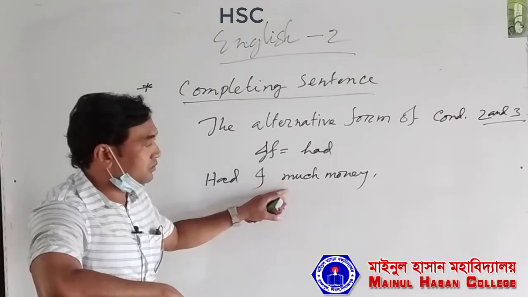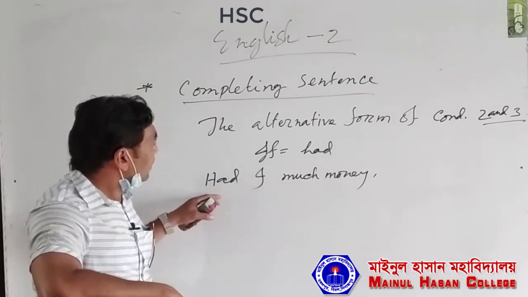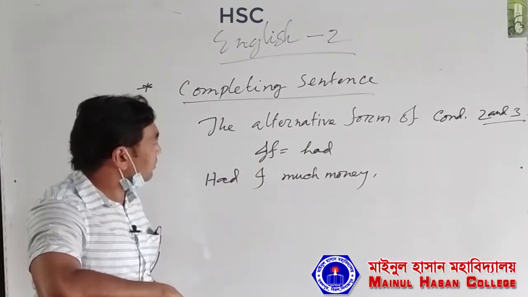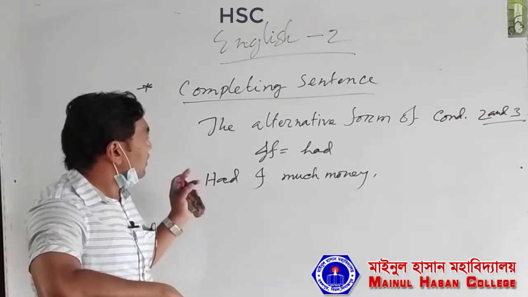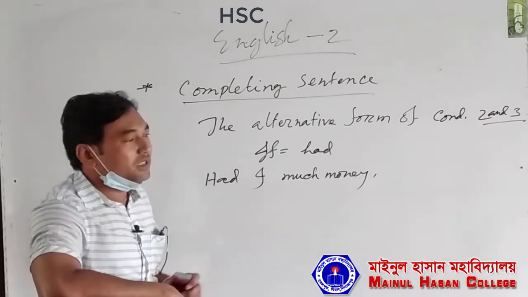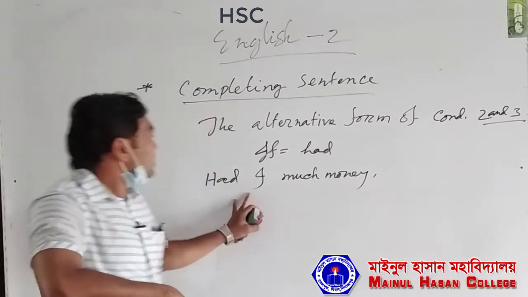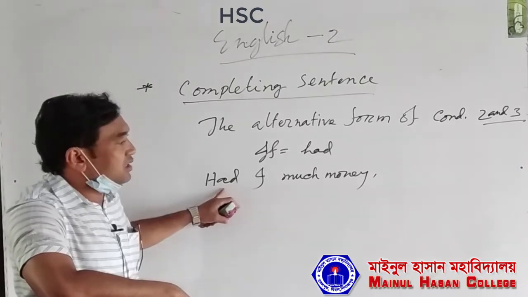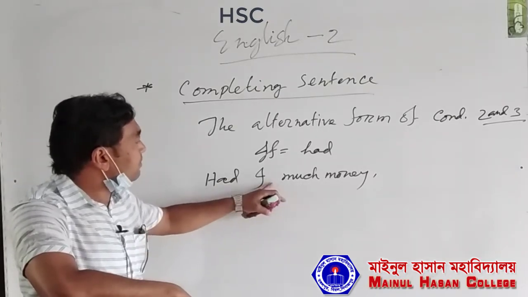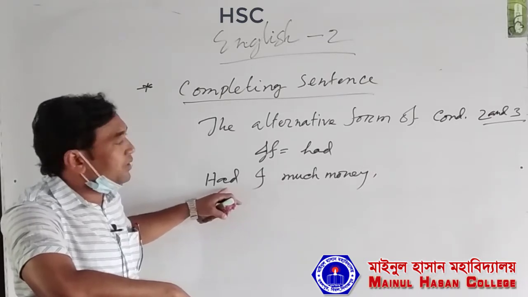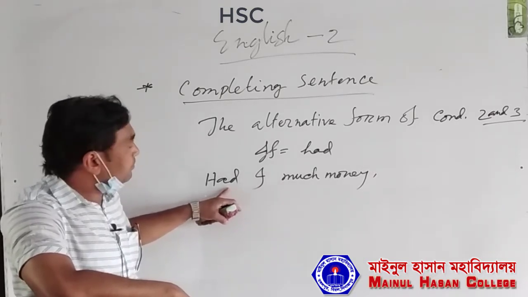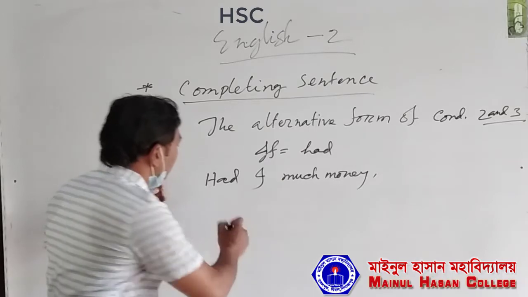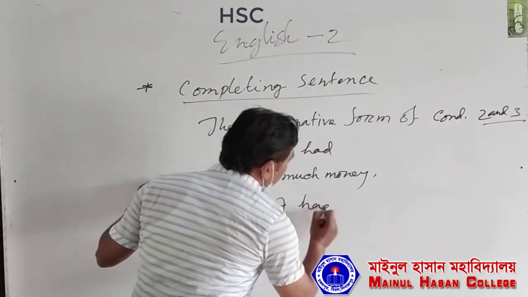So had is working both as if and as the main verb, taking the place of if. So this is condition number 2: if, that means had, and also had as a main verb, the past form of have. That means: if I had much money.